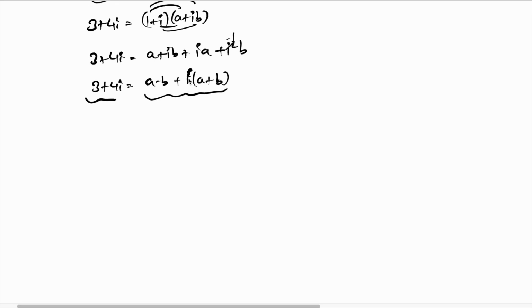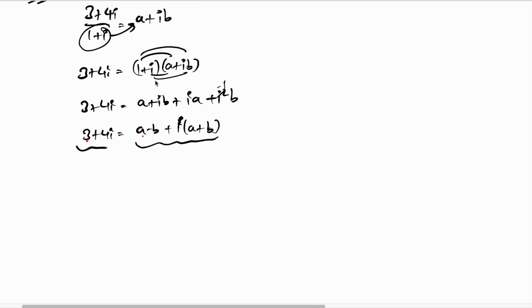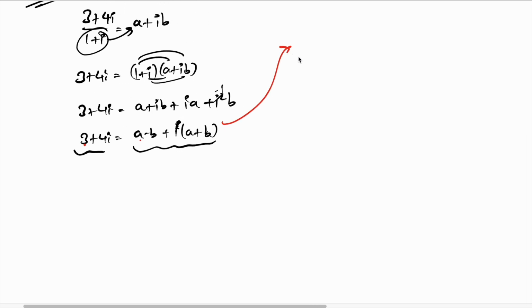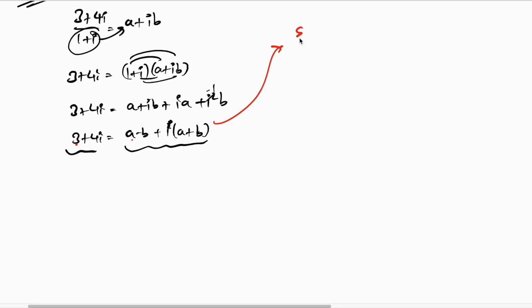In this case, we'll compare the real part with the real part and the imaginary part with the imaginary part. And this is a very powerful result, so I'll just summarize it here. Equality of complex numbers: two complex numbers can be equal only if their real parts and their imaginary parts are both equal.